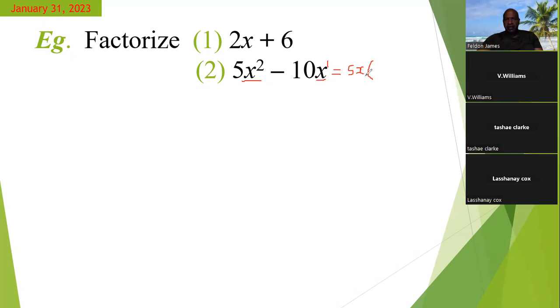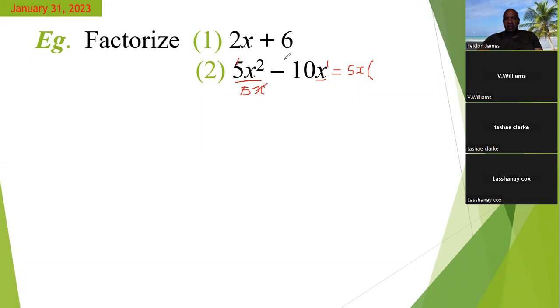So we put our 5x in position, open our bracket, then we divide each of these terms by the 5x. 5 cancels out with 5.